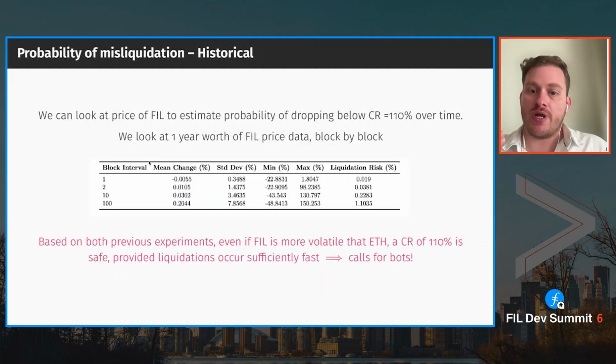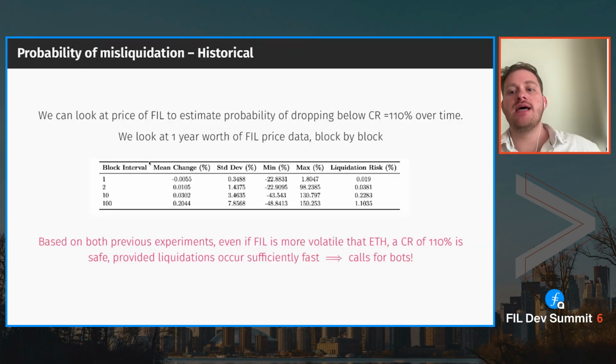And we can also test it based on historical data, right? We can take FIL price data on a block by block basis, and we can see how likely it is that it would decrease by more than 10% in a given time interval, right? So in 1 block, 2 blocks, 10 blocks, and 100 blocks.